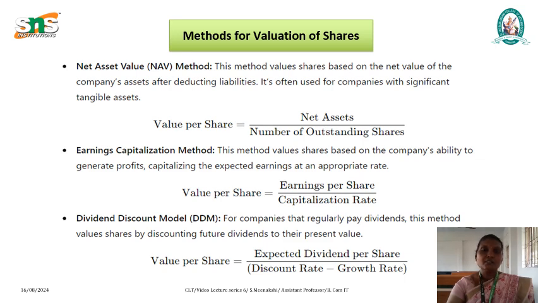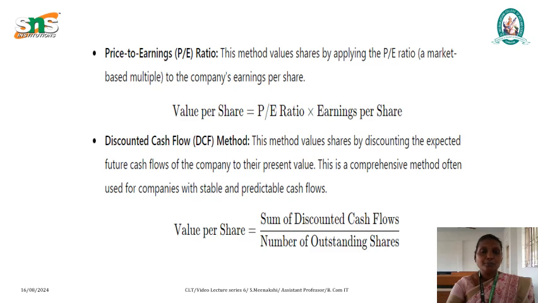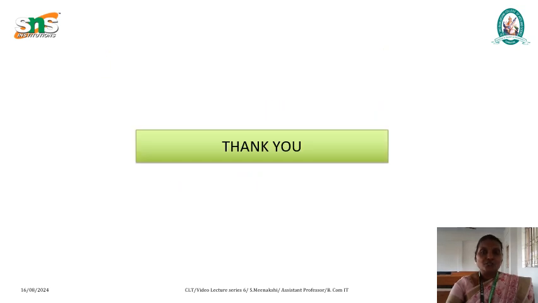The third method is the DDM, dividend discount model. The fourth method is the PE ratio, price to earnings ratio. The fifth method is the discounted cash flow method. Under this method, shares are valued by discounting the expected future cash flows. So these are the various methods adopted to calculate the value of shares.